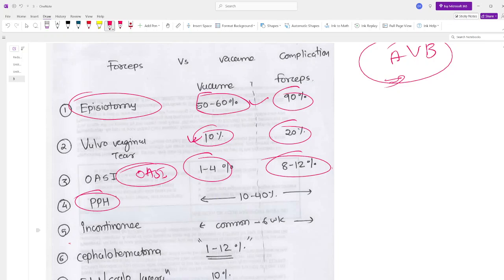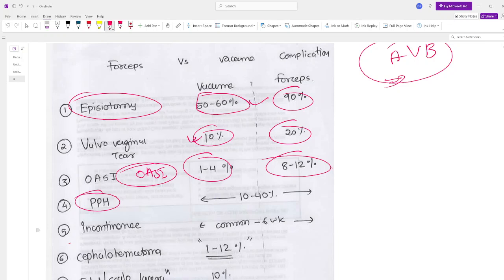Irrespective of forceps or vacuum, the patient is at high risk of PPH, and you should have it in your mind that this patient might have a PPH. You have to be well prepared for PPH when you are going for assisted vaginal birth. Your team, the nursing team, the consultant, the neonatologist, the anesthetist, all of them should be aware of this.